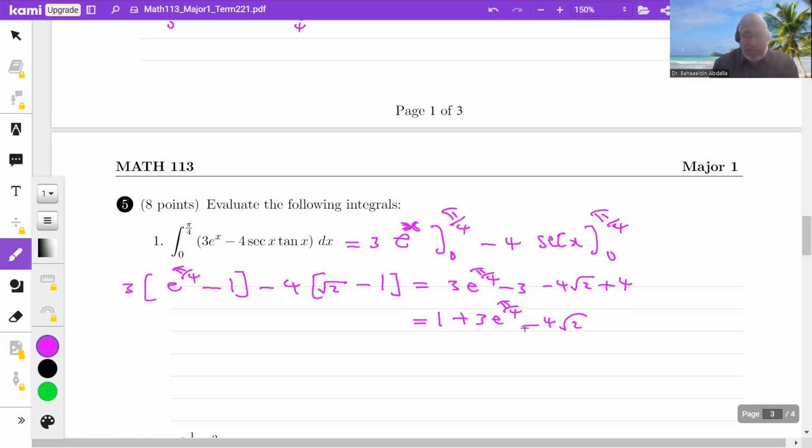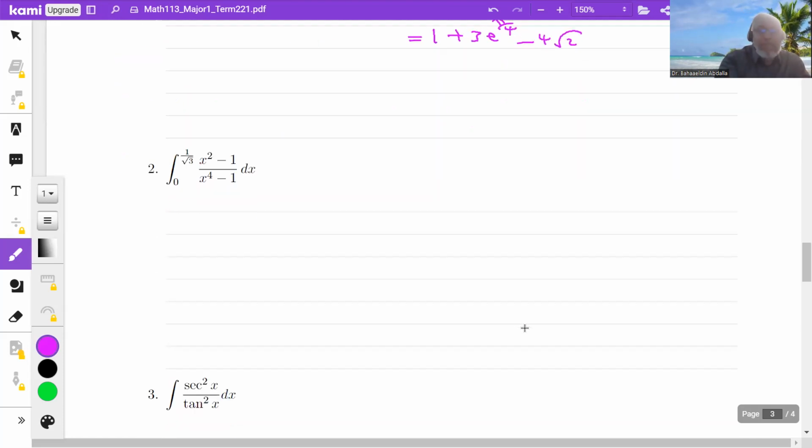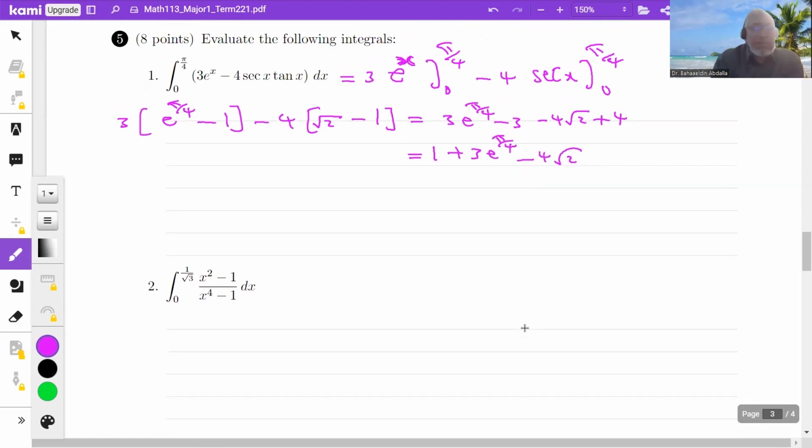Now the next question. The next integral. Well, I have x squared minus 1 over x to the power 4 minus 1.